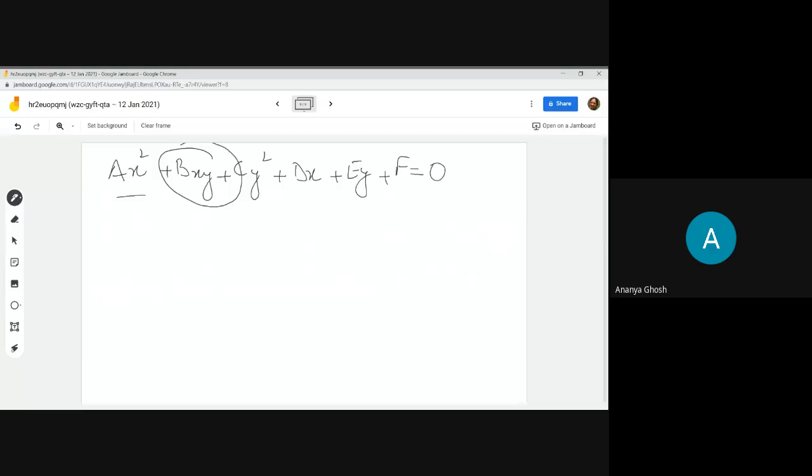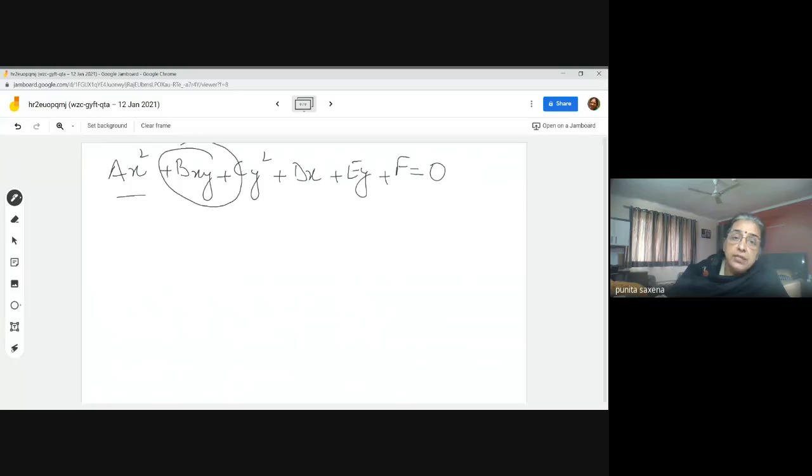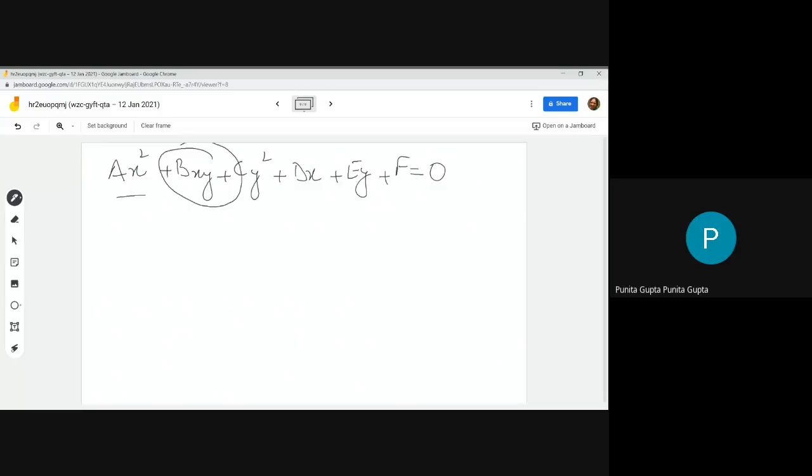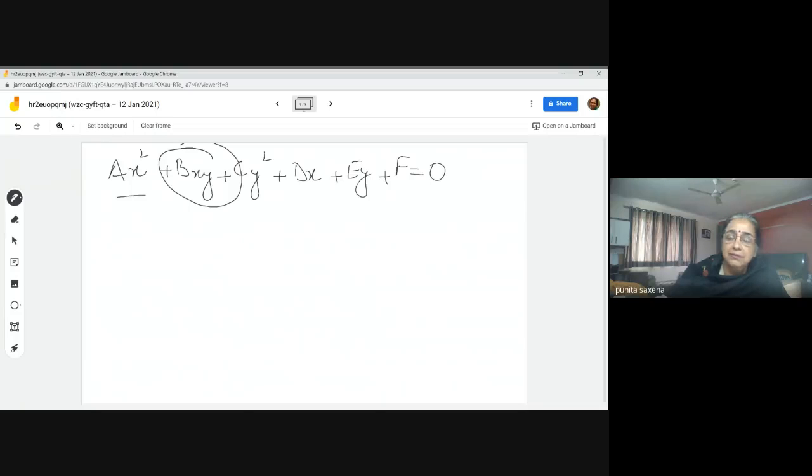No, ma'am. थी कोई ऐसी term? नहीं थी ना? So if you are given a general second degree equation and asked to sketch the corresponding conic, the first thing you have to do is see if this term is present or absent.